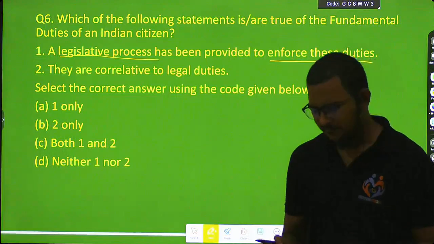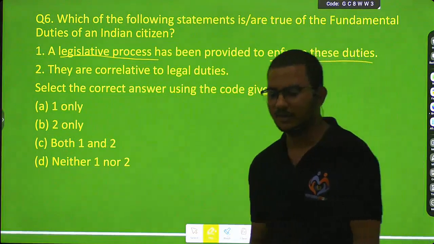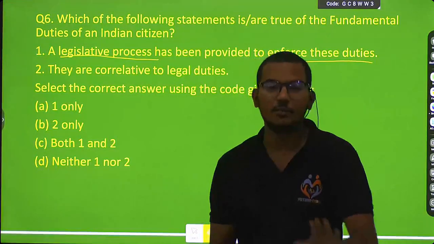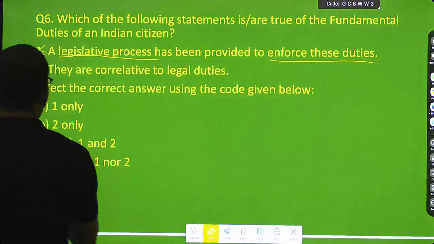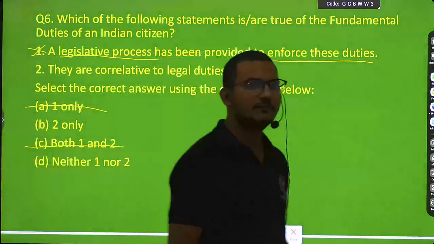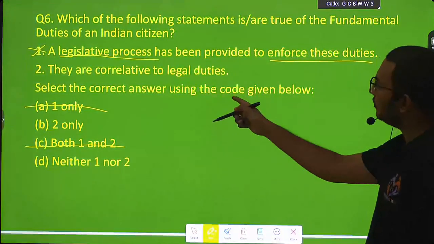If Parliament wants to come up with a law, then it can come up with a law. But there is no process which is mentioned in the constitution. So this is wrong. So remove all the options which are having option 1. So now we are left with option 2 and 4. B and D. They are correlative to legal duty.